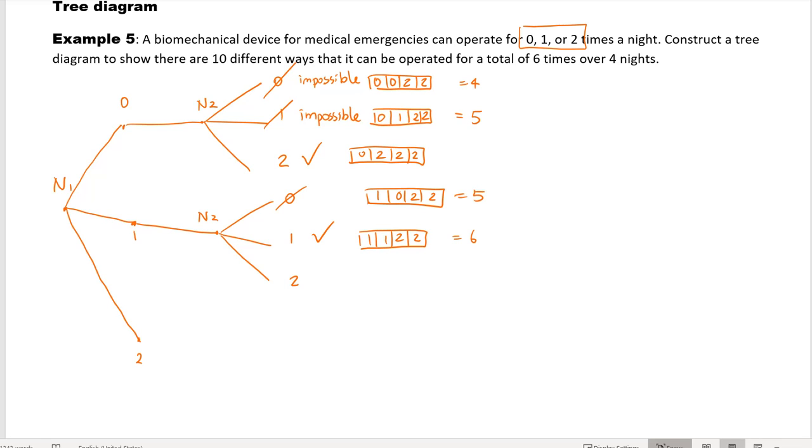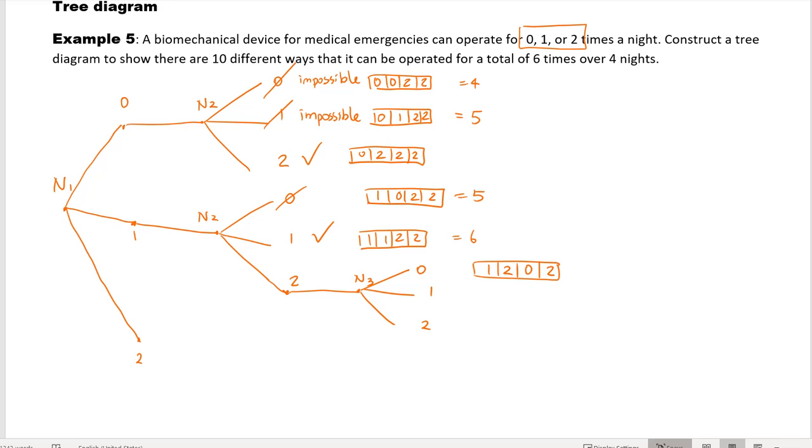And if this is 2, well, then let's go to the third night. The third night can be 0, 1, 2. Okay, let's look at this. So this tells us that the first night is 1, the second night is 2, third night is 0.